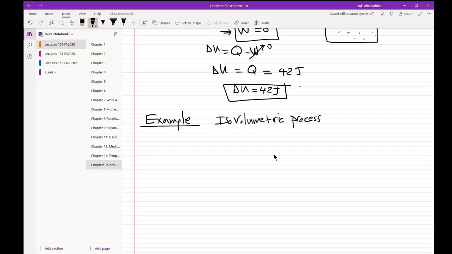It says I have water with mass of 2 kilograms is held at constant volume in a container, basically a pressure cooker, right? In a container.